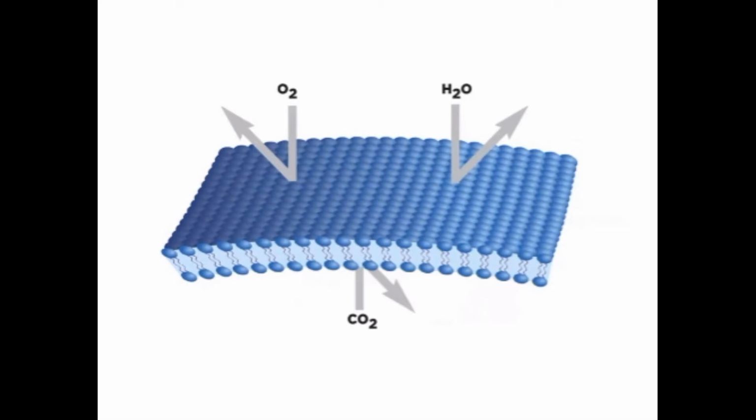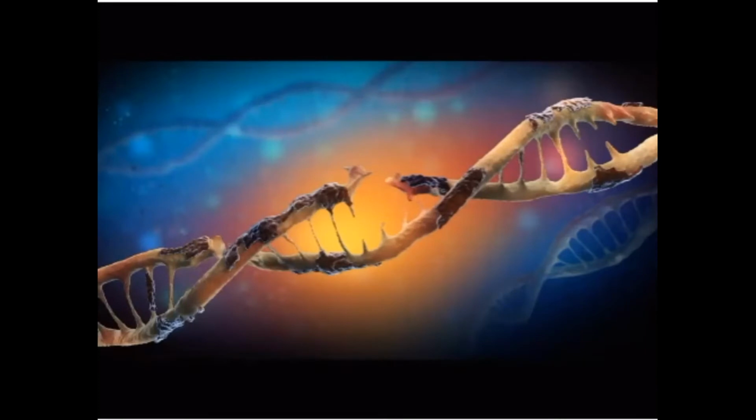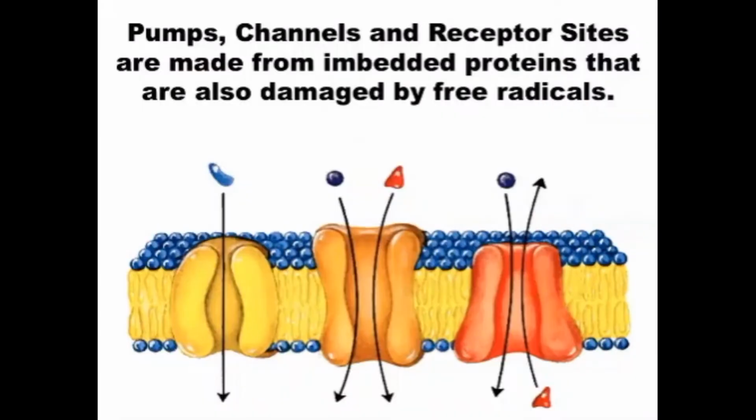And that phospholipid bilayer begins to repel oxygen, and it begins to repel water, and it begins to trap carbon dioxide inside the cell. And when that happens, the entire cell can change right down to the DNA. It can actually interrupt all kinds of processes.